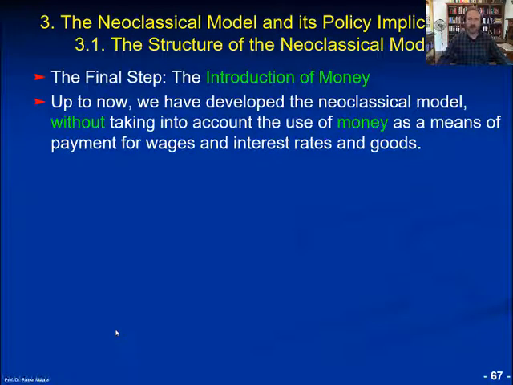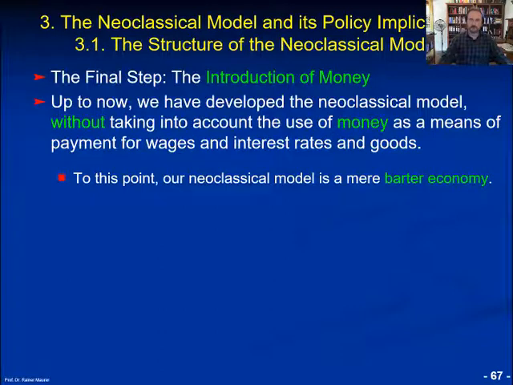Up to now we have developed the neoclassical model without taking into account the use of money as a means of payment for wages, interest rates and goods. To this point, our neoclassical model is a mere barter economy.